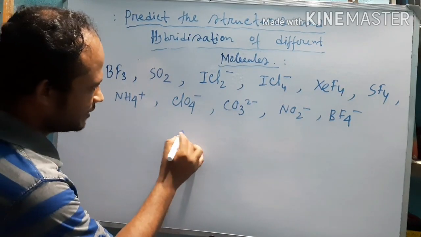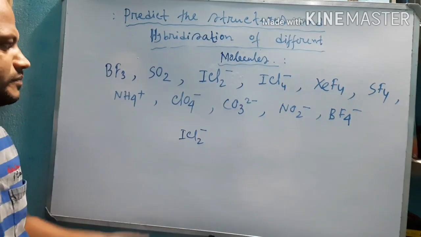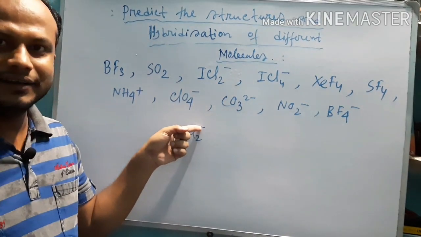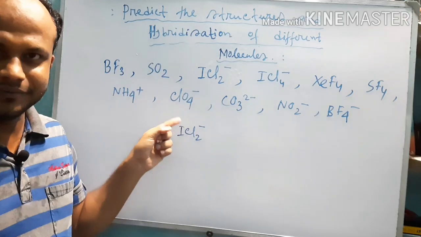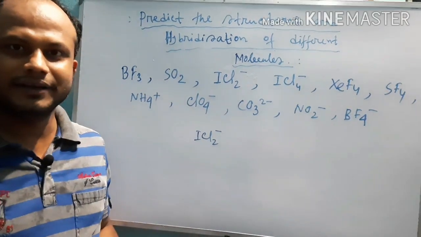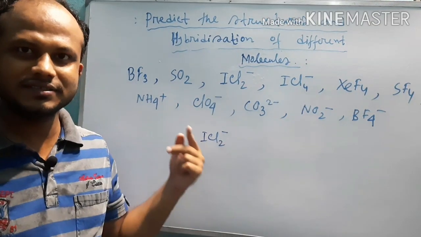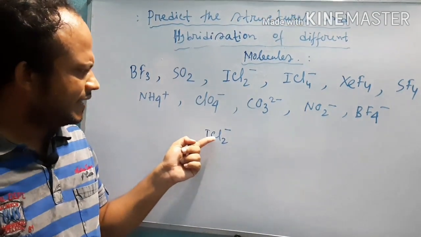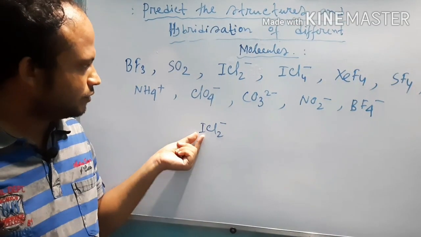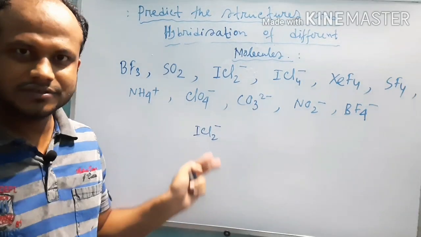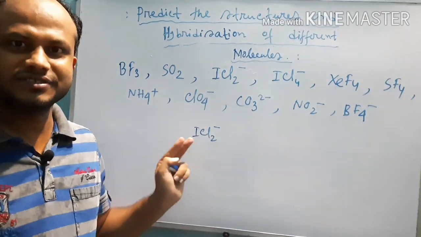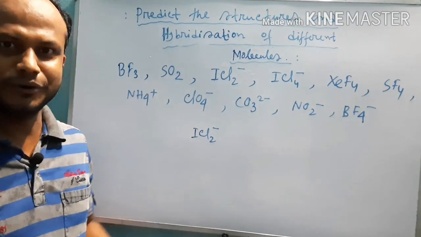Now ICl2 minus. Here iodine is attached to chlorine atoms and there is a 1 minus charge on the iodine atom. Minus charge means 1 extra electron. So the valence electrons of iodine are 7 plus 1, that is 8, and it is attached to 2 chlorine atoms. Of these 8 electrons, 2 electrons form bond pairs with chlorine, so 6 electrons are left, and 6 electrons means 3 lone pairs.